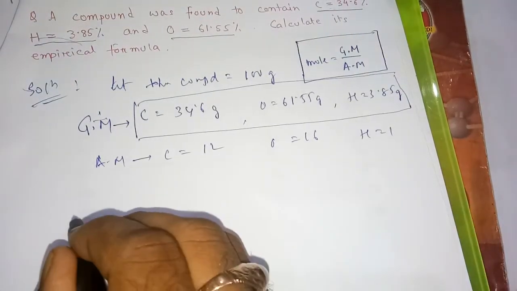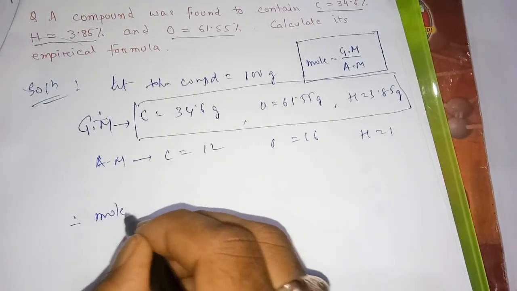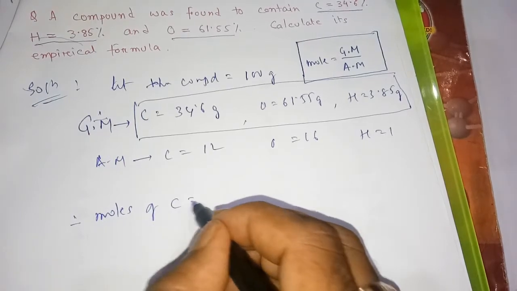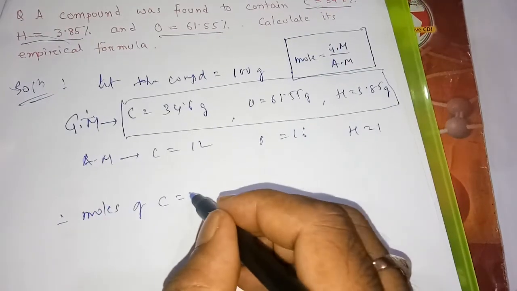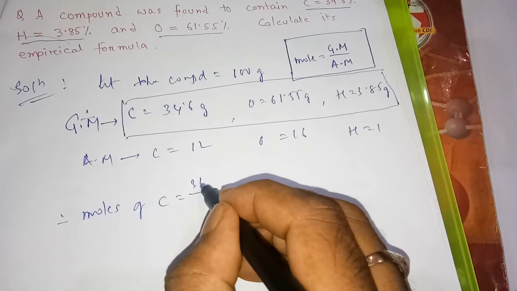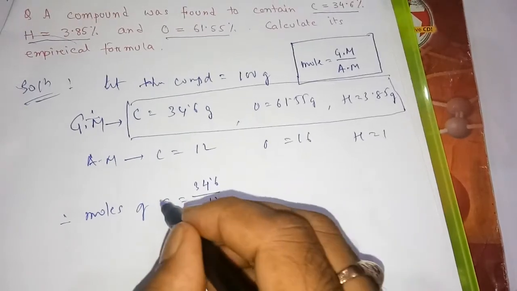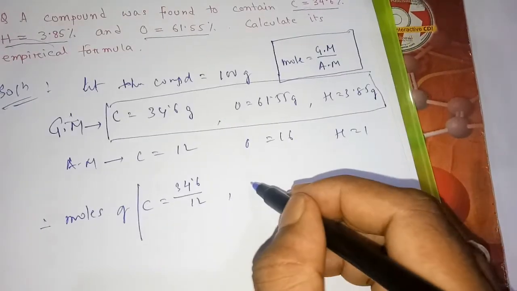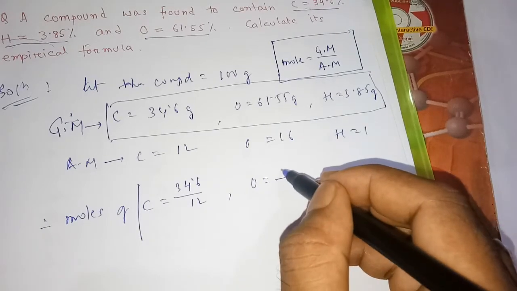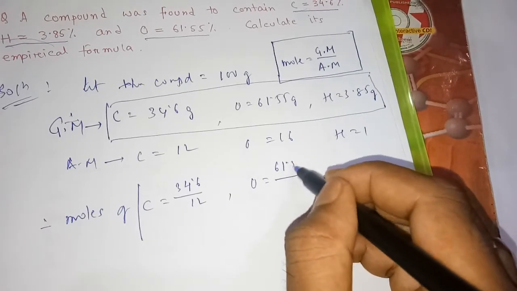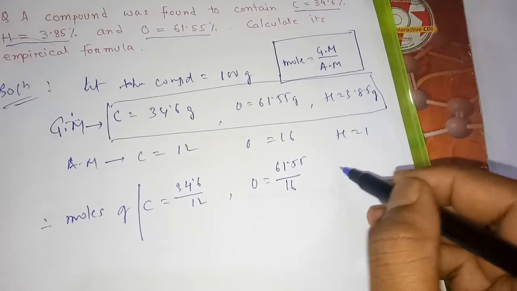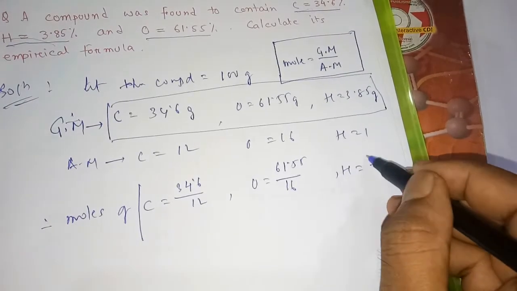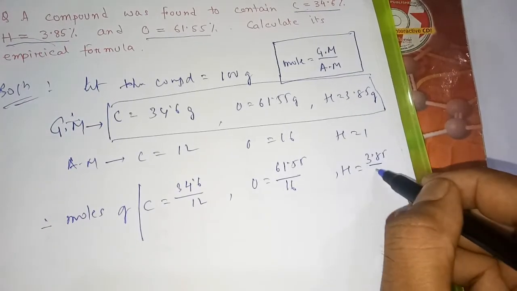So therefore moles of carbon is 34.6 divided by 12, moles of oxygen 61.55 divided by 16, and moles of hydrogen 3.85 divided by 1.